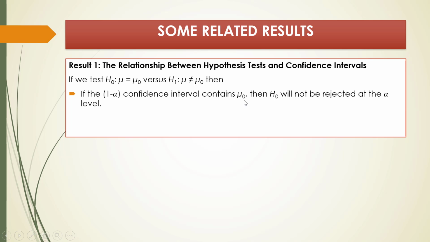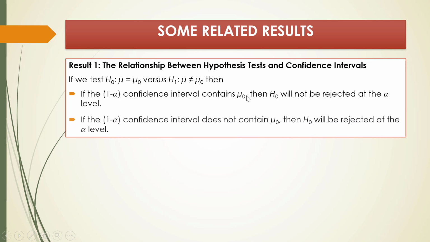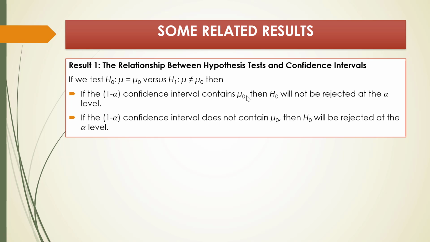That means mu naught is a usual value. If the 1 minus alpha confidence interval does not contain mu naught, then the null hypothesis will be rejected because the specified value mu naught is an unusual value.